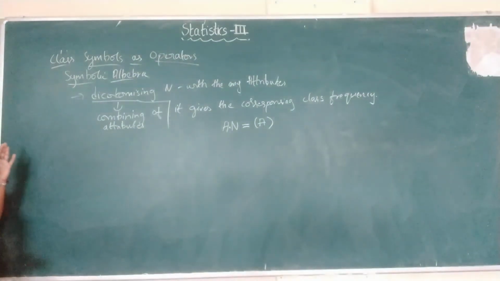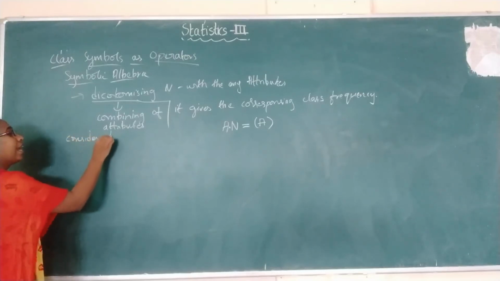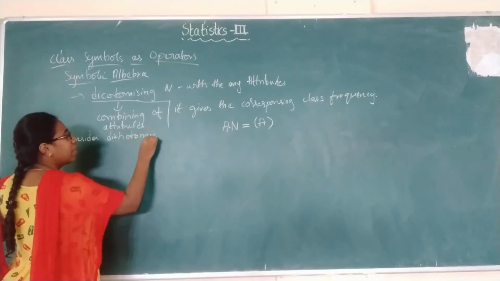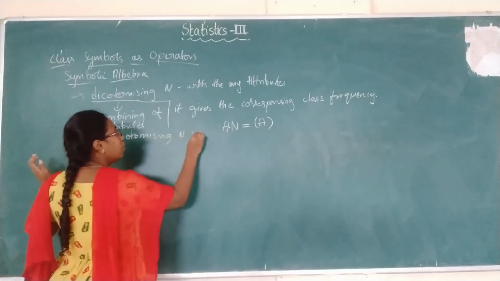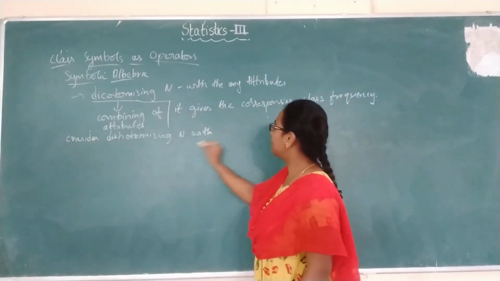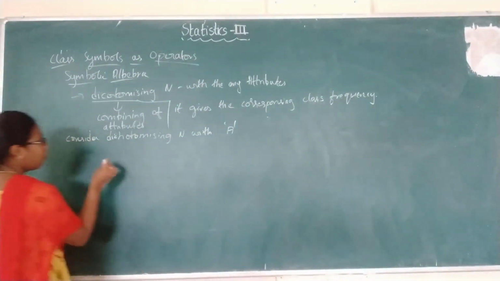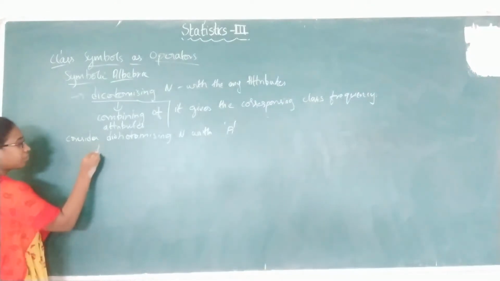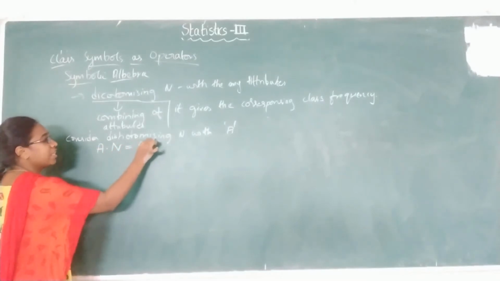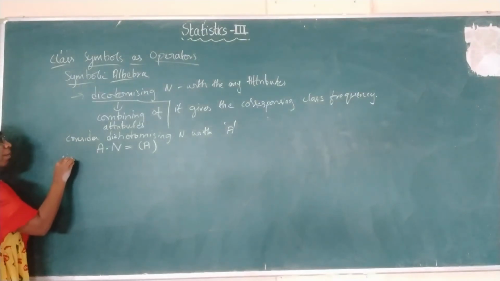Now we'll see the symbolic algebra's conditions. First I will consider one attribute, dichotomizing N with the attribute A. If I consider only one attribute, A into capital N equals the class frequency of A. Similarly, for A we will also have the complementary attribute.